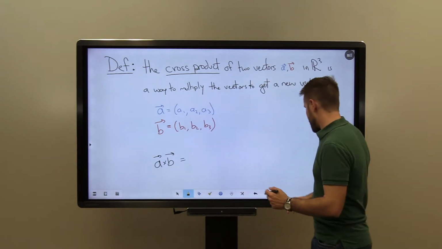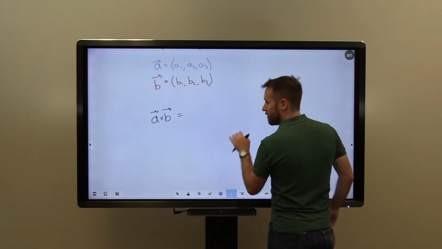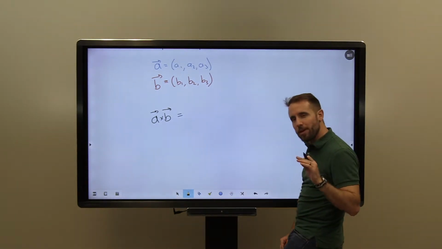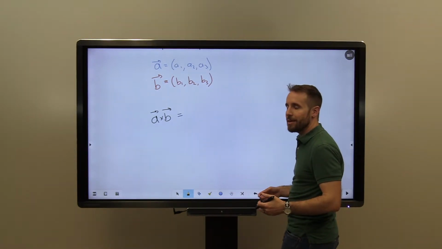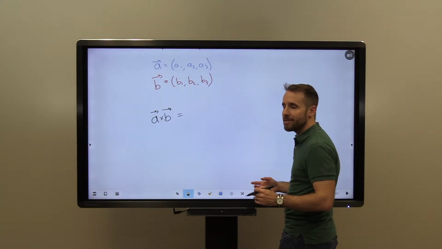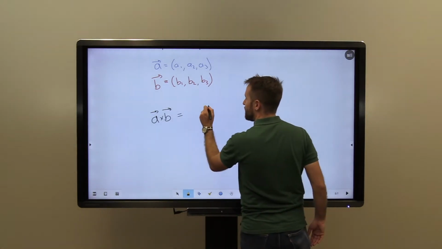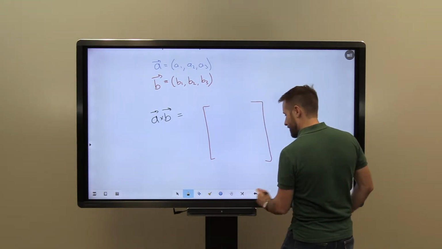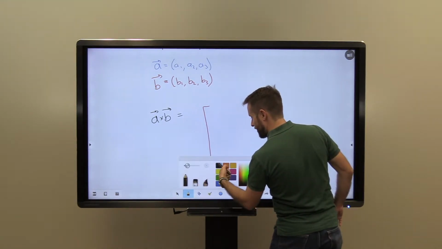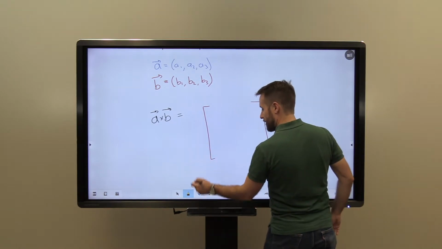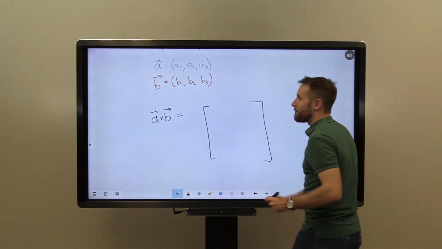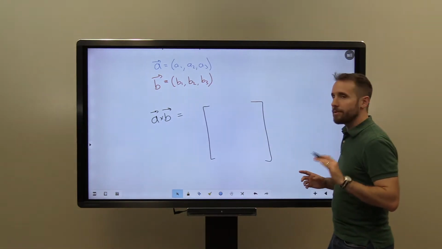Then A cross B will be the following. I'm going to write a 3 by 3 matrix, or at least a matrix-looking object. Let me switch my color back to black. OK, so I'm going to do this as follows.